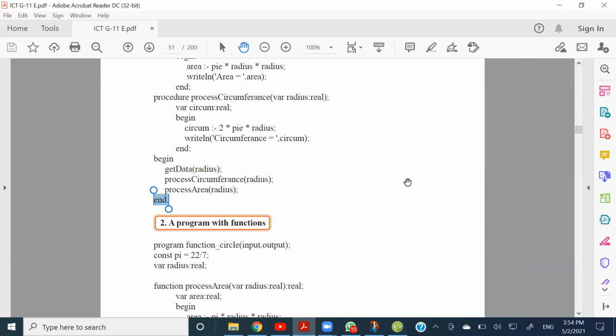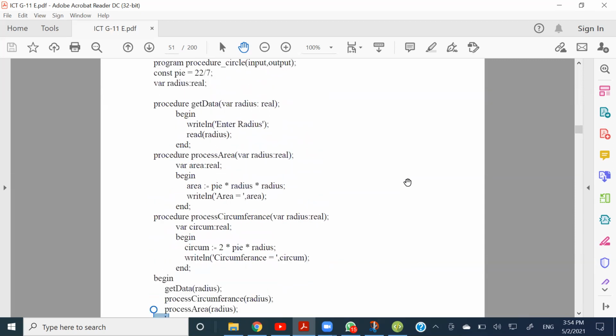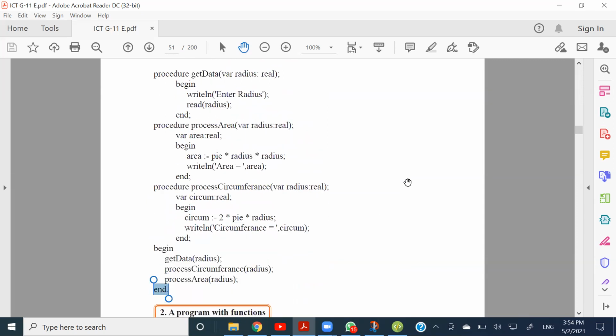In this program they are just illustrating how a procedure can be used, but they make it a one-time use. Like if we are going to collect the radius in more than one particular place, this particular get data procedure will be executed more than one time, right?